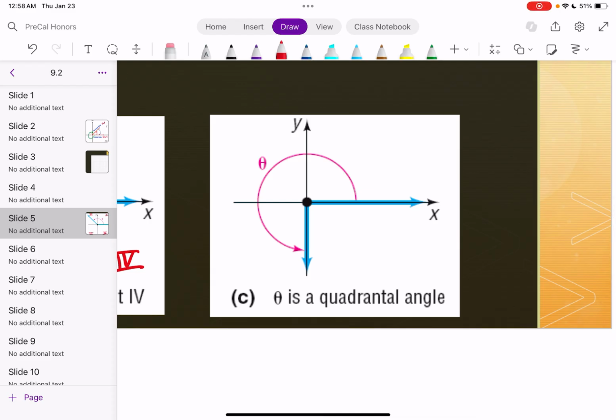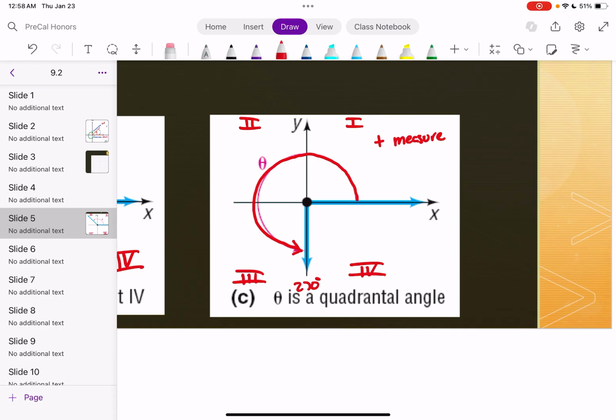As we take a look at our last example, notice this is a positive measure. In this case, we are looking at quadrant 1, 2, 3, and 4. Keep in mind, due to the fact that the line initially starts at the 0, goes up through 1, 2, and stops at quadrant 3, or between quadrant 3 and 4, stopping at the 270 degree mark, this would be a quadrantal angle.